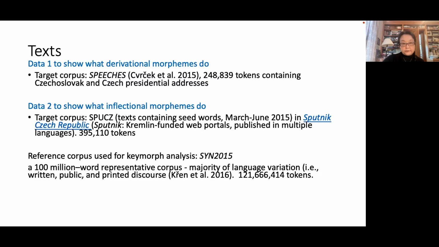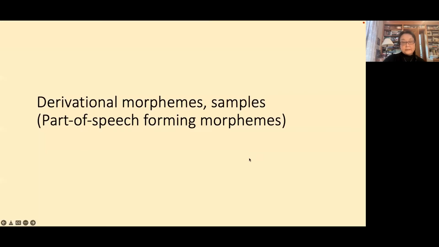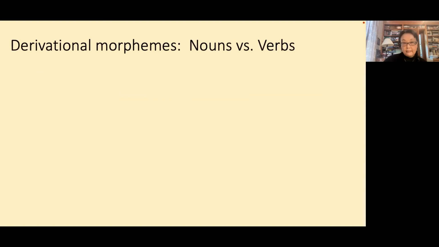This is the reference corpus. So I would like to get to the actual data and the results. I'll talk about derivational morphemes, part-of-speech forming morphemes, first, using the Czechoslovak presidential speeches corpus, the first one.